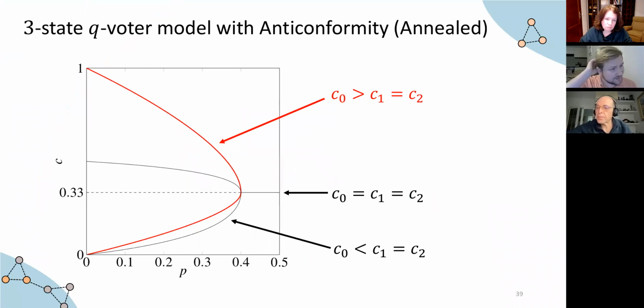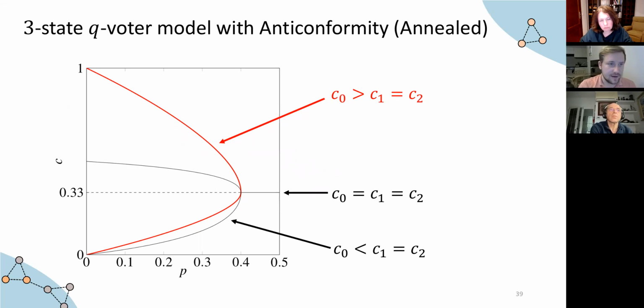And what we did, we calculated everything analytically, made Monte Carlo simulations, and similarly to the majority vote model and the Q-voter model with independence, we observe additional saddle solutions. So this black line where two opinions are dominant over the third one, and also the solution when one opinion is bigger than the two others, and also the solution when they are equally populated.